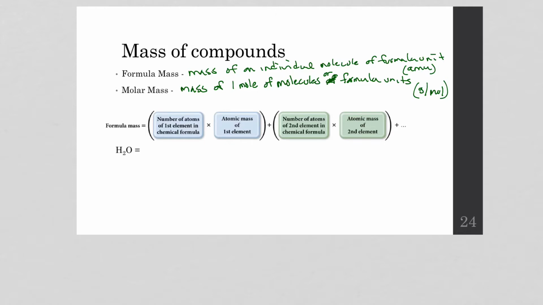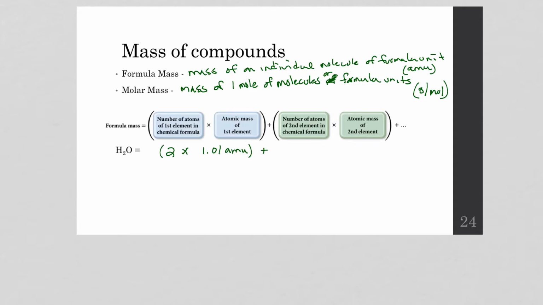So, for example, if I have water and I want to calculate its formula mass, I need to add up the atomic mass of 2 hydrogens and 1 oxygen. I'm going to take the first element, and I have 2 of them, and I'm going to times it by 2.01 AMU for hydrogen.